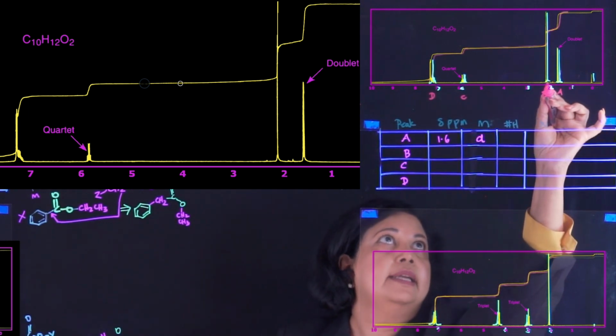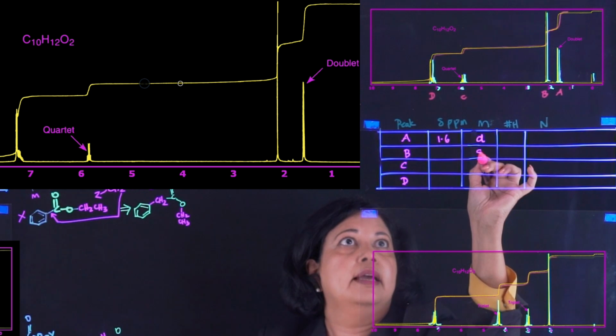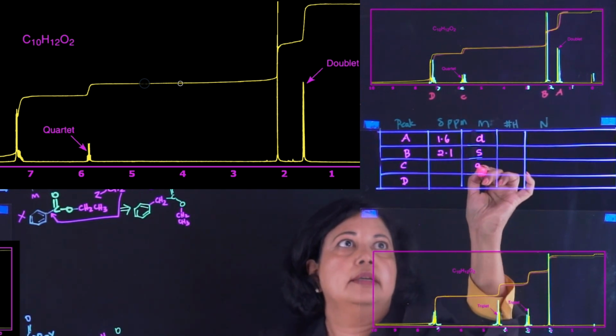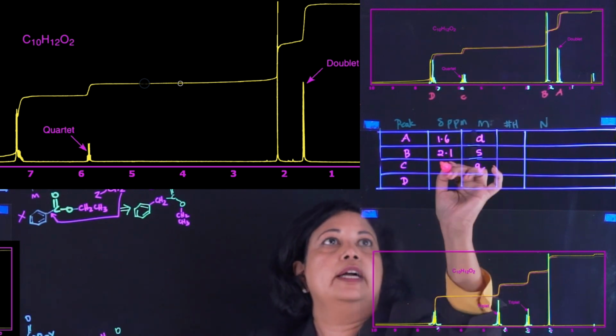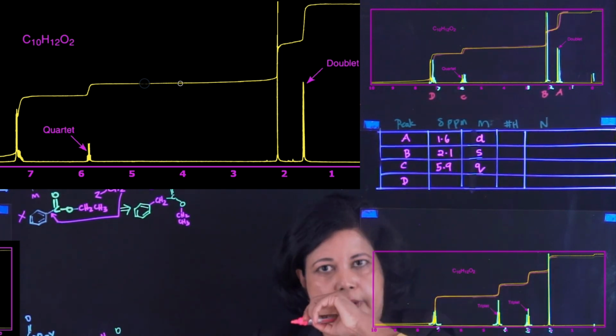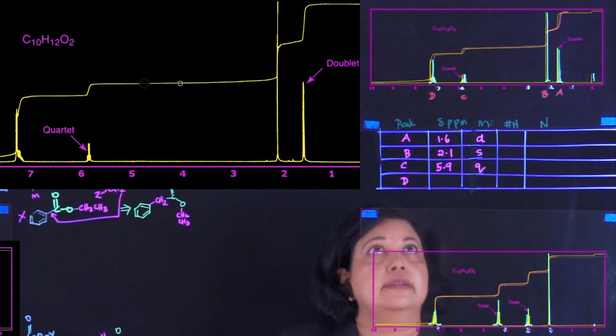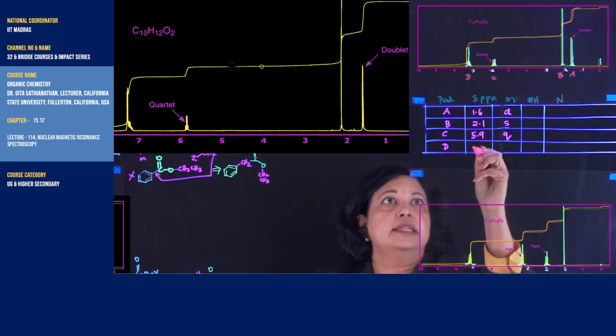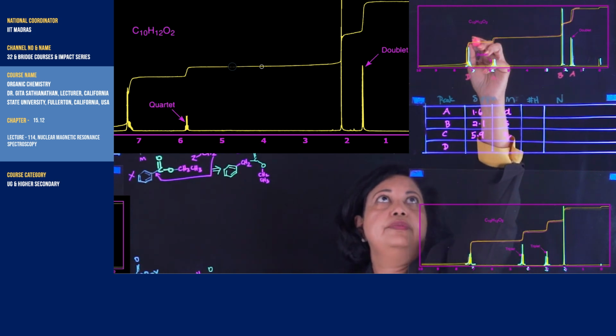We have a singlet at 2.1. We have a quartet at about 5.9. It's very, very de-shielded, almost in the vinylic section.